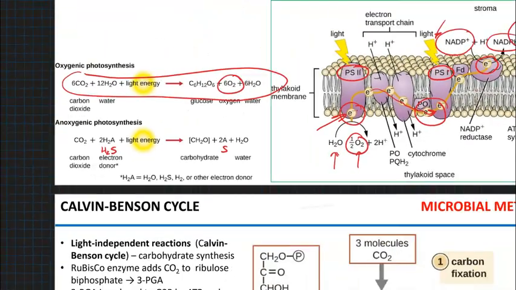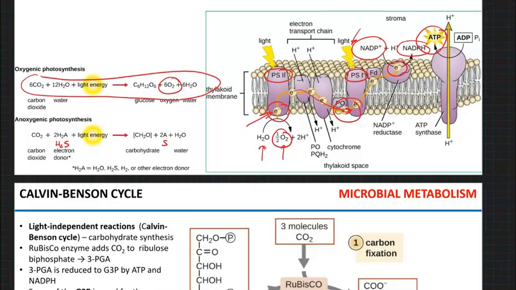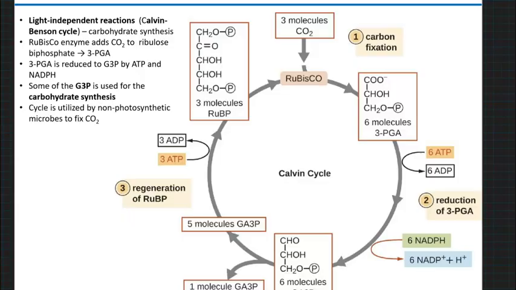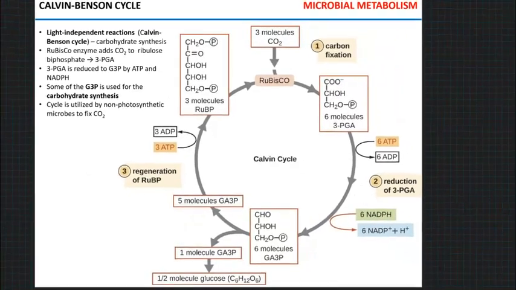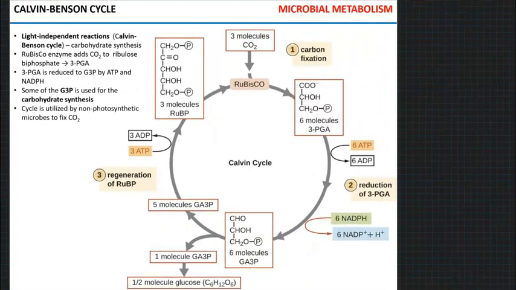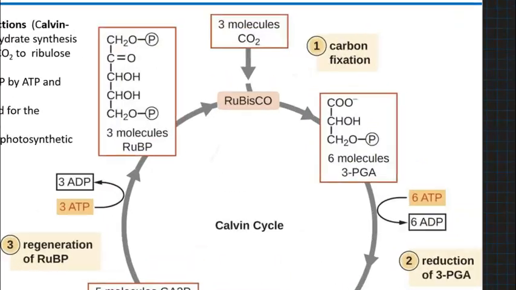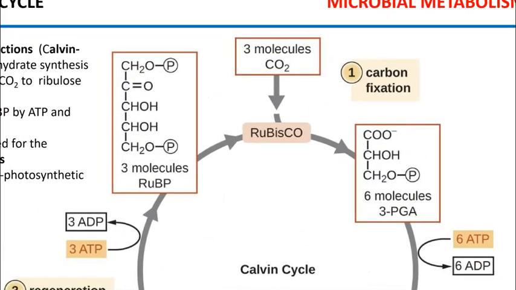But what do we use this ATP and NADPH for? So here we go into light-independent reactions. And I know this Calvin-Benson cycle looks fairly intimidating. But let's just do arithmetic. How many carbons are in this molecule? 5.